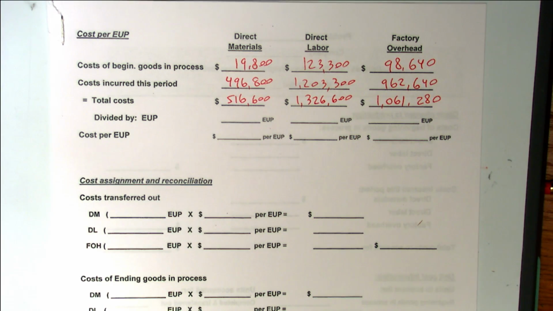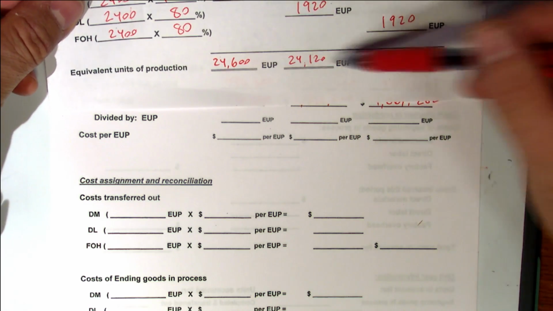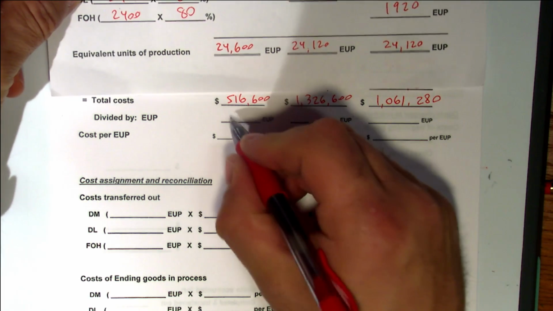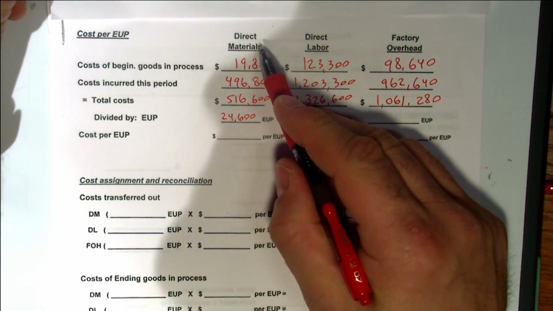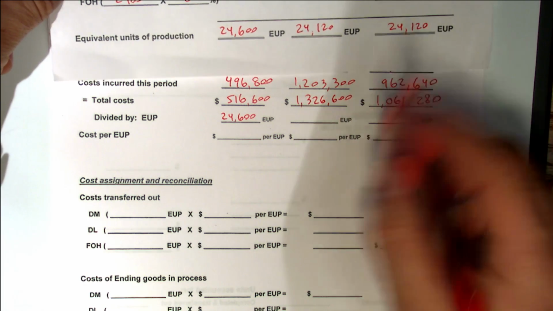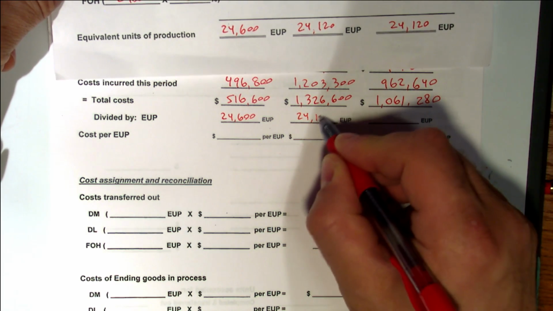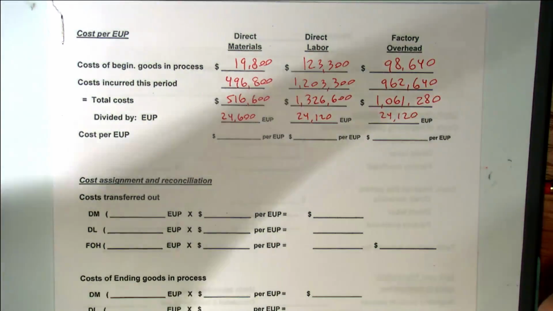Do we know our equivalent units of production? Yeah, we do. It's at the very bottom of the previous page. These numbers right here, right? So this is 24,600 equivalent units of production for direct materials. And for direct labor and overhead, it's 24,120.